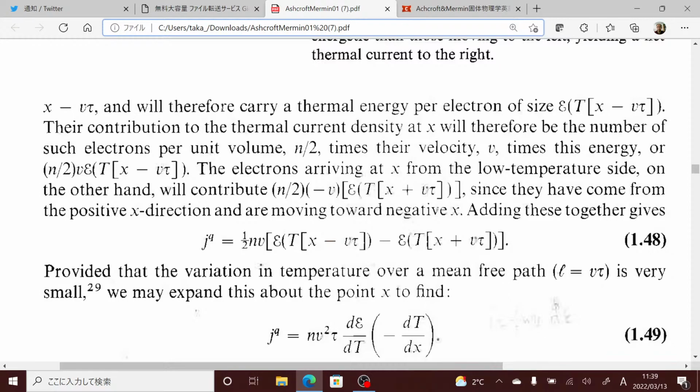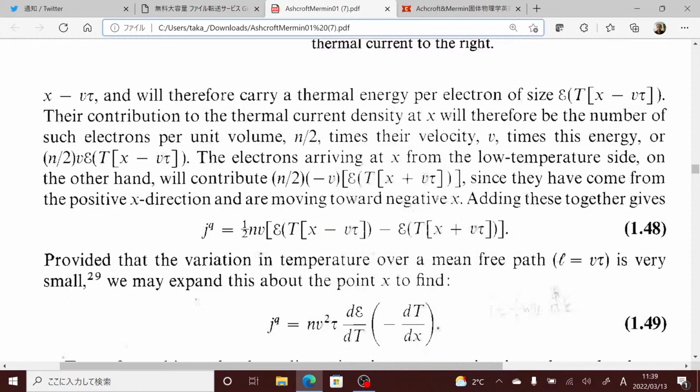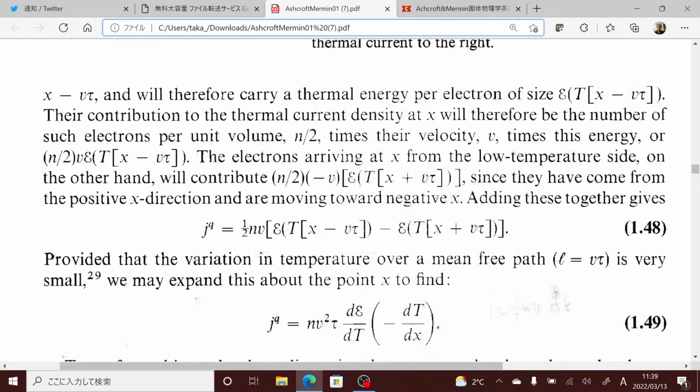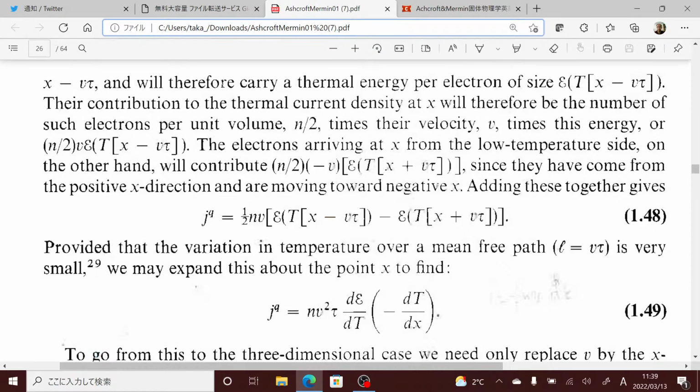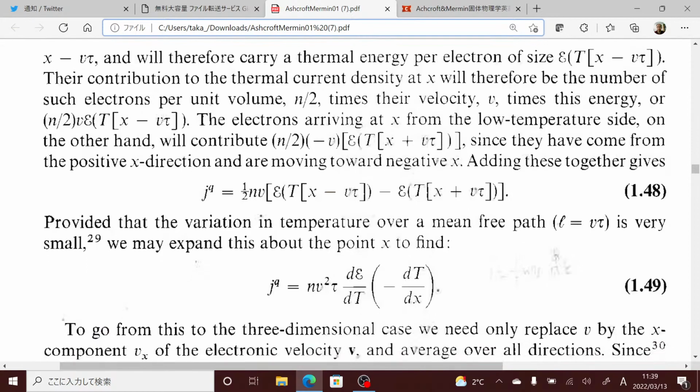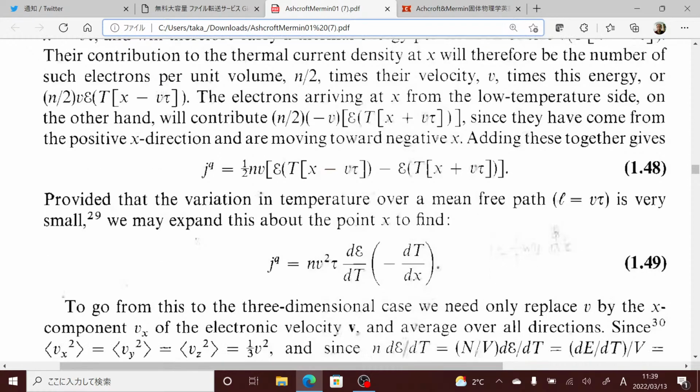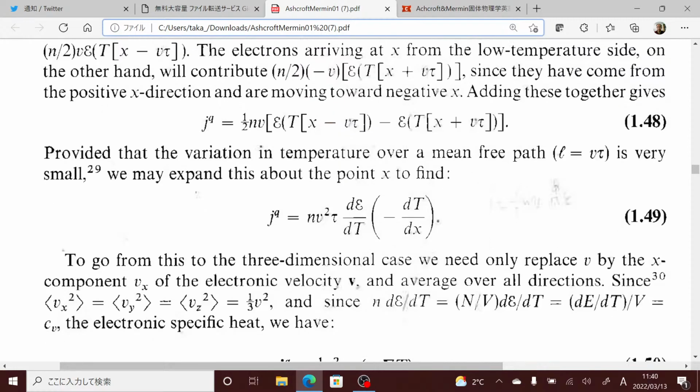Since they have come from the positive x direction and are moving toward negative x, adding these together gives j_Q equals 1/2 n v, epsilon of T at position x minus v tau minus epsilon of T at position x plus v tau, provided that the variation in temperature over a mean-free path is very small.